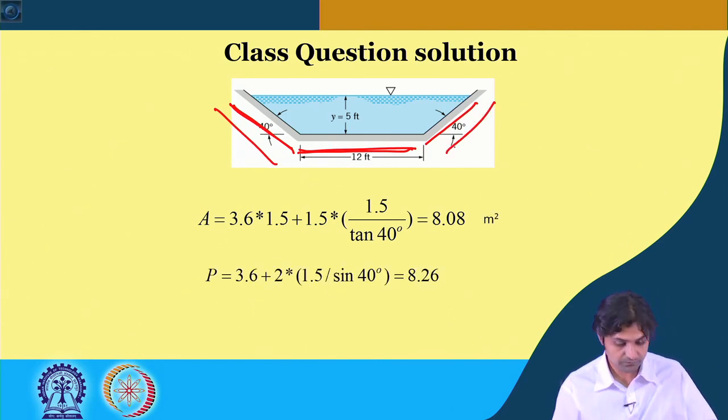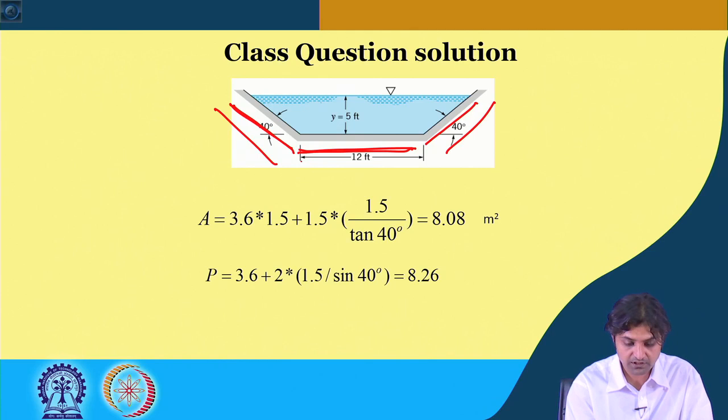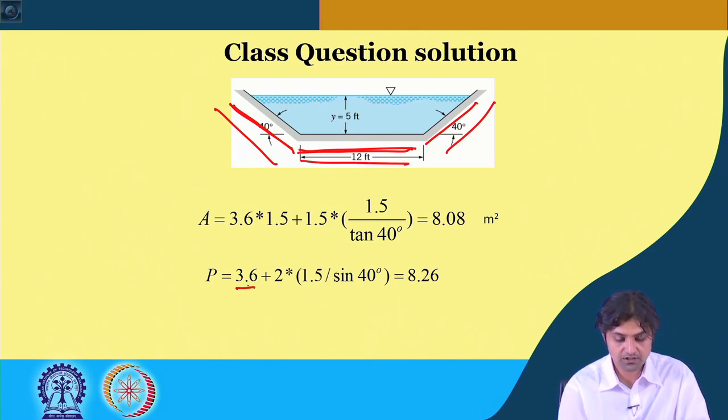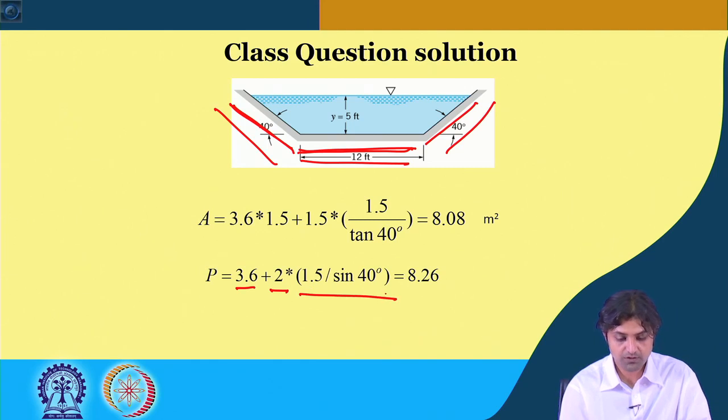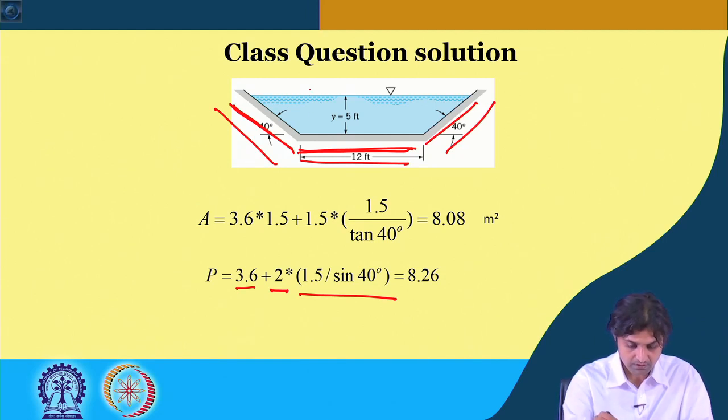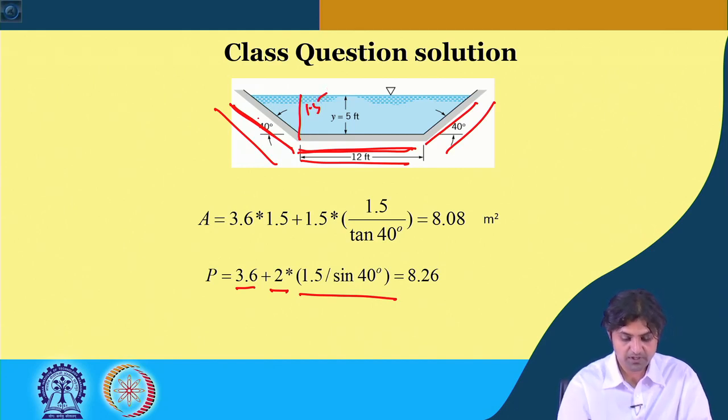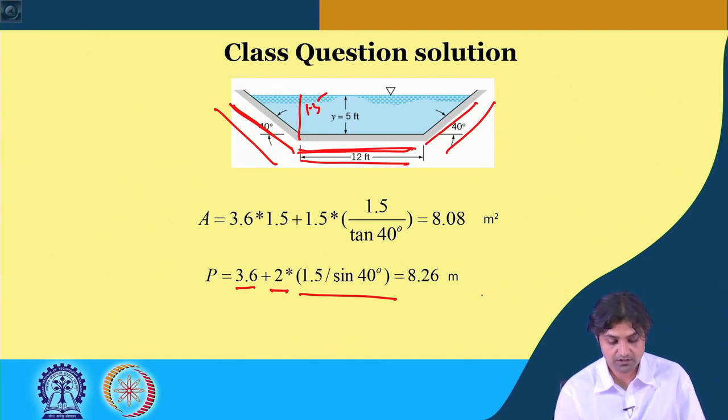So, perimeter, this one is 3.6 meters plus 2 into one of these lengths. This is going to be 1.5 divided by sin 40, so 1.5 divided by sin 40 will give us 8.26 meters.